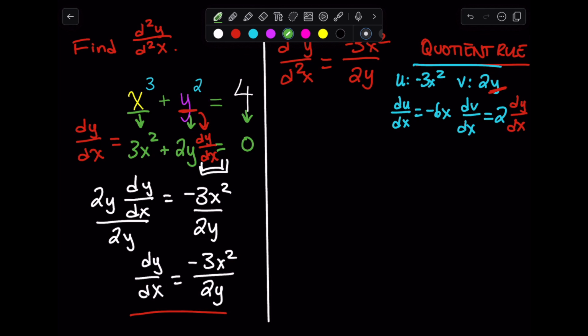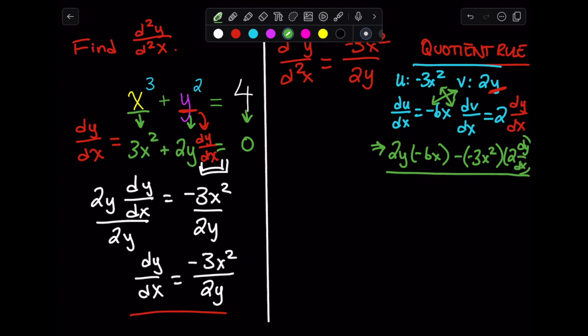Going forward with the quotient rule, we first multiply v by du/dx, which is 2y times negative 6x, minus u times dv/dx, which is negative 3x squared times 2 dy/dx, all over v squared, which is (2y) squared.